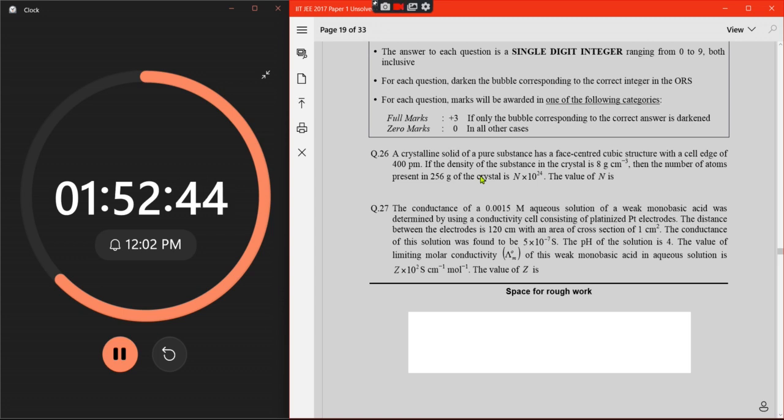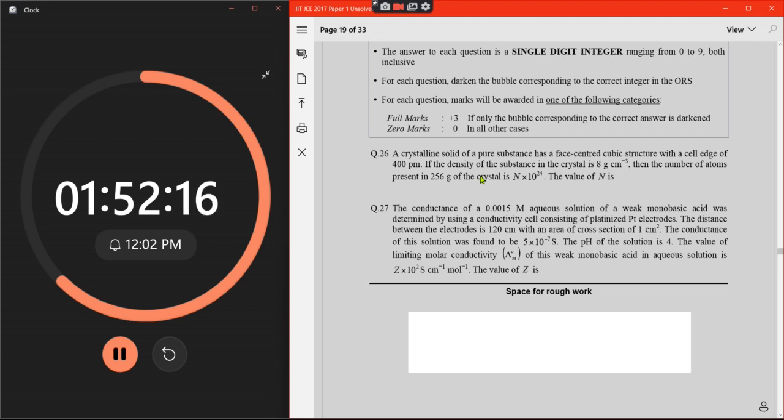Assume it's correct. Is alpha going to be there? That's 1 upon 15 times 10 power negative 4. Yeah, 6. Next question.